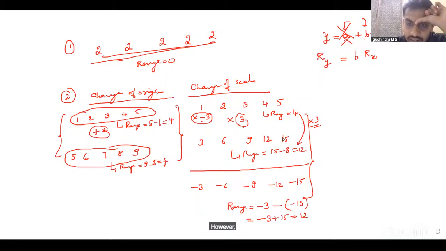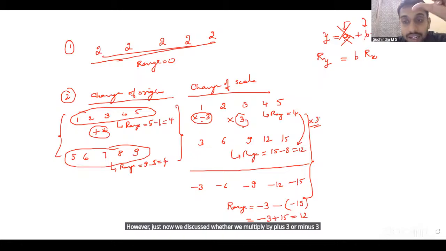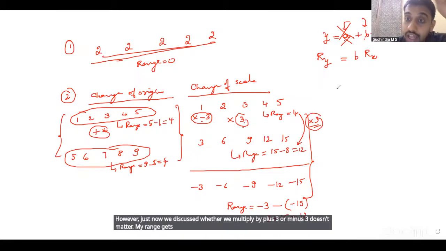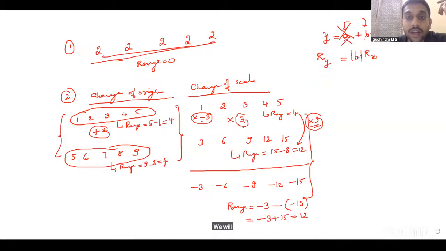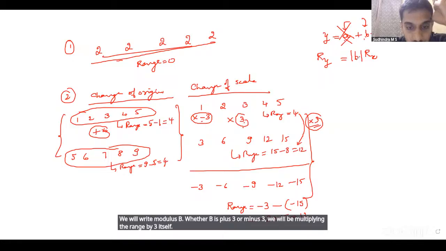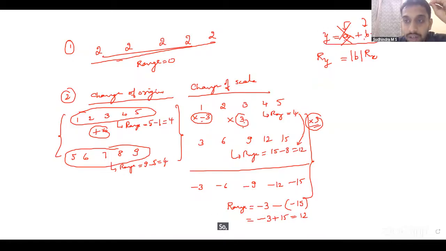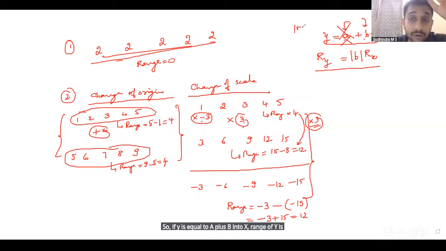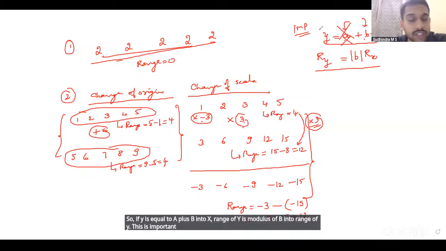However, whether we multiply by plus 3 or minus 3 doesn't matter; the range gets multiplied by 3 only. So instead of b, we write modulus of b. If y is equal to a plus b into x, range of y is modulus of b into range of x. This is important, and like we discussed in measures of central tendency, this remains the same for all measures of dispersion.